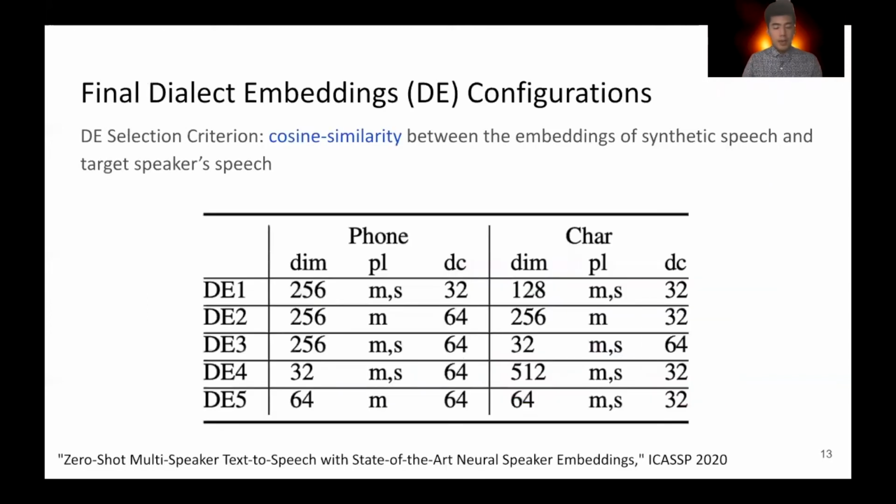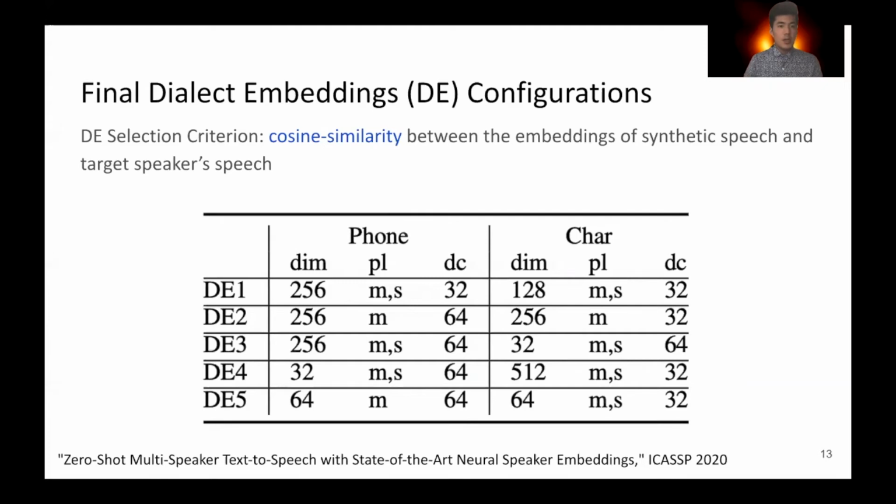So we trained a set of dialect recognition models, and with those dialect embeddings, we trained a set of multi-speaker TTS models. But we only selected 5 Tacotron models for the listening test.